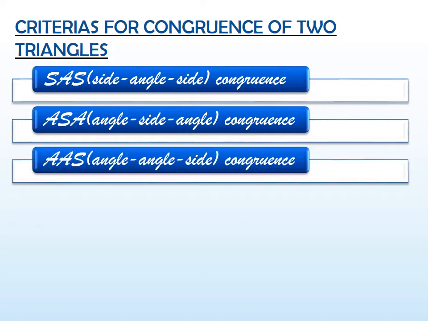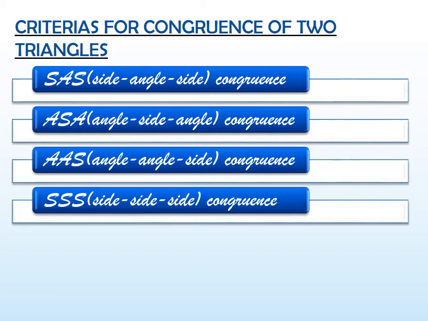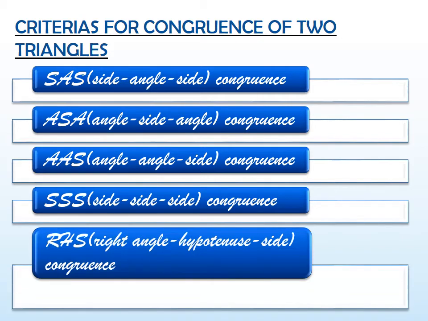AAS, that is angle angle side congruence rule. Side side side or SSS congruence rule. And RHS, right angle hypotenuse side congruence. So these are the 5 criteria based on which we can prove two triangles are congruent or not. We do not have to go for all the 6 properties.